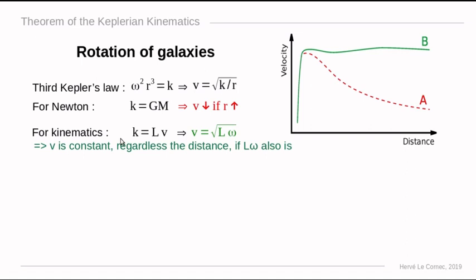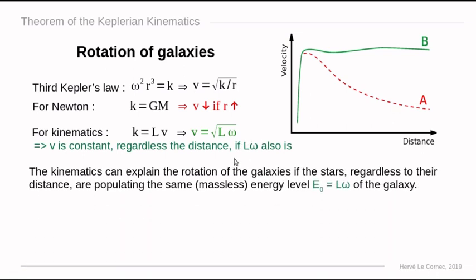Now, for the kinematics, k is equal to Lv. So the velocity is given by this new relationship here. And to keep the velocity constant all along the distance, we also have to keep L omega constant all along the distance. And you know what? L omega has the dimension of an energy. Well, actually a massless energy as I am using it here.